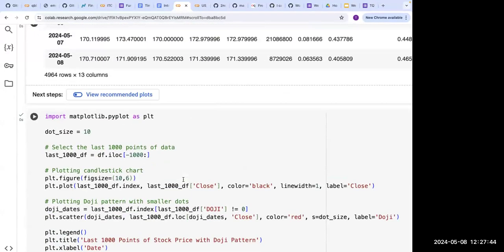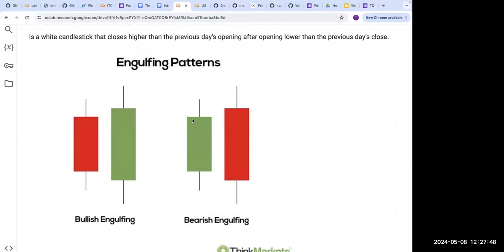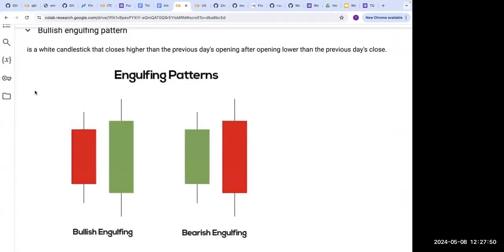So first, let's see what those are. Engulfing means whenever your previous candlestick is entirely covered by the next one, right? So here you can see this is entirely covering this one, or even if you see it from this line, you can see it entirely covering.